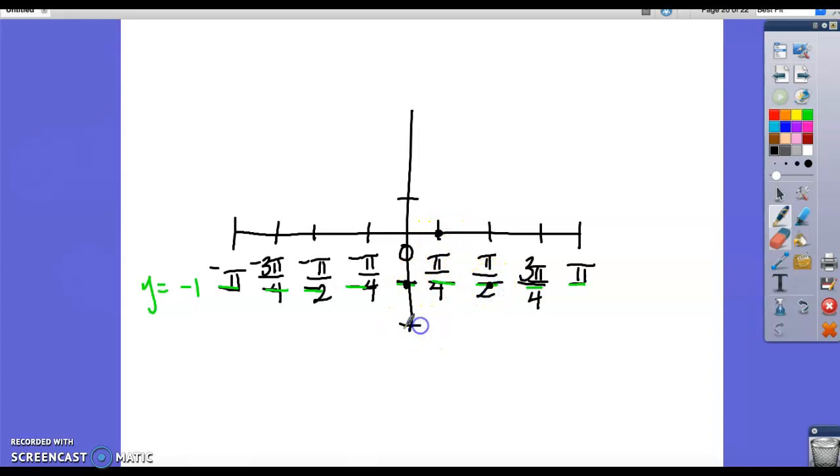Back to my midline. Down to my minimum, which is 1 unit below my midline, and then back here. So one period of that sine function looks like this. Continue on the pattern: minimum, midline, maximum, midline.